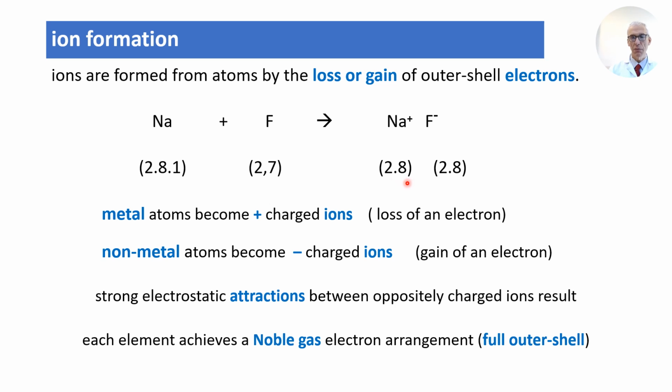That is the same electron arrangement as neon. Fluorine 2,7 has become a negatively charged fluoride ion with an electron arrangement the same as neon, 2,8. So they achieve a noble gas electron arrangement or noble gas structure. Your teacher may refer to them as full outer shells.